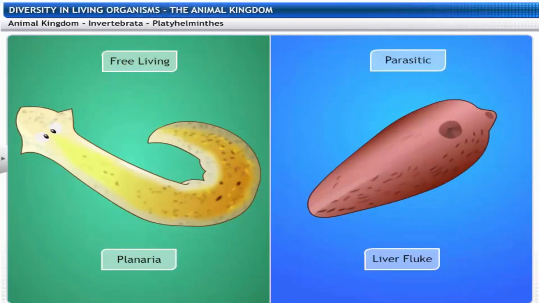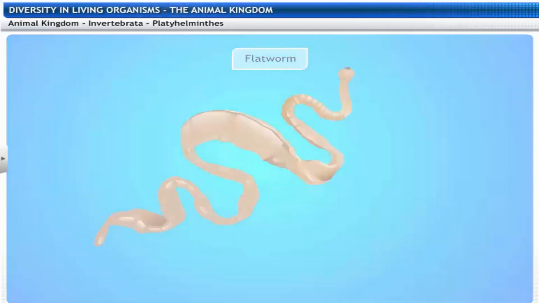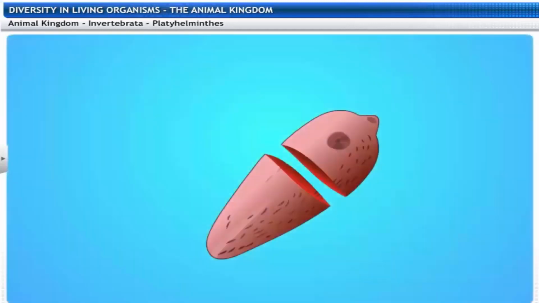Free-living animals include planaria, and parasitic animals include liver flukes. Their bodies are dorsoventrally flat and ribbon-like, and they are hence called flatworms. Their bodies are bilaterally symmetrical, meaning that the left and the right halves of the bodies have the same design.